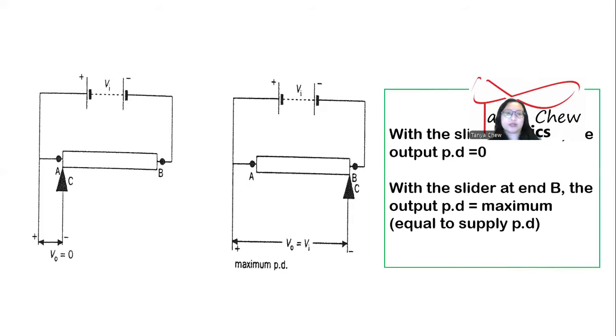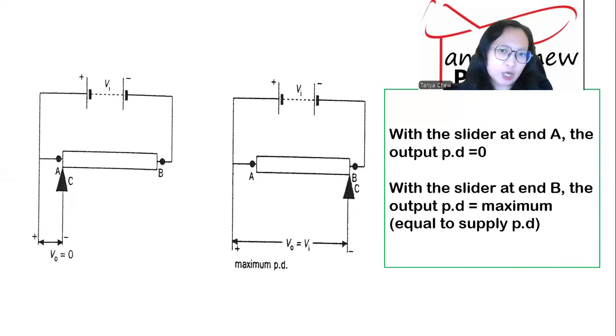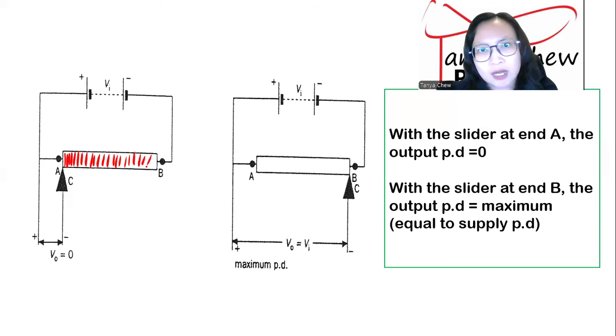Now, let me explain a little bit about that. What if the slider is at point A? You know that from A to B, these are all resistance wire here. When the slider is at A, basically there is no resistance because it has yet to pass through all the resistance wire.